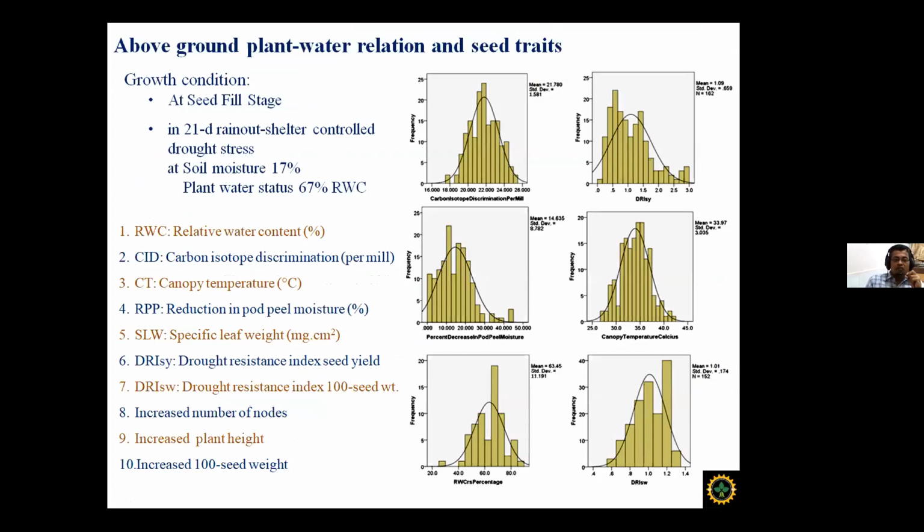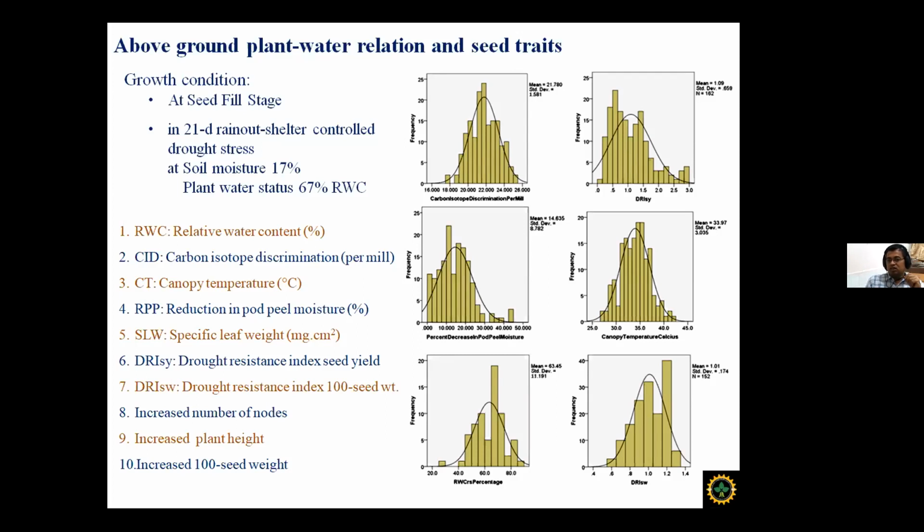Above ground plant water relations and seed traits: it's an experiment that has been conducted previously. What I'm trying to show here is, in the growth condition of the seed fill stage in a 21 day rainout shelter, control drought stress at soil moisture of 17% and plant water status of 67% RWC, which should be lower than 70% anywhere.